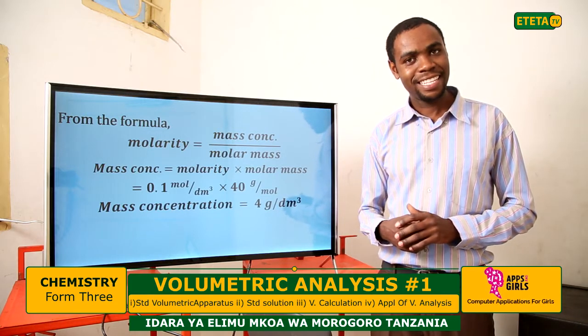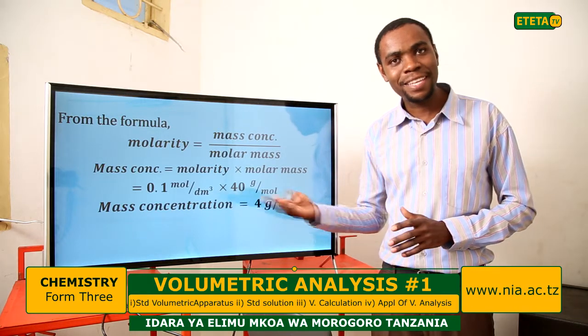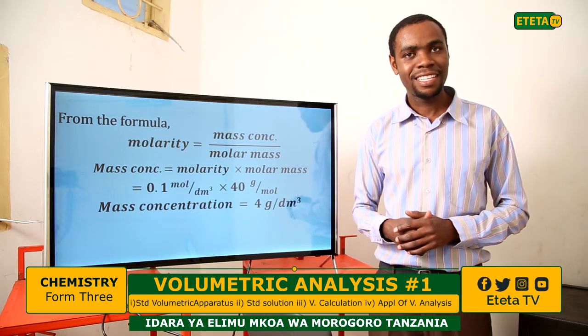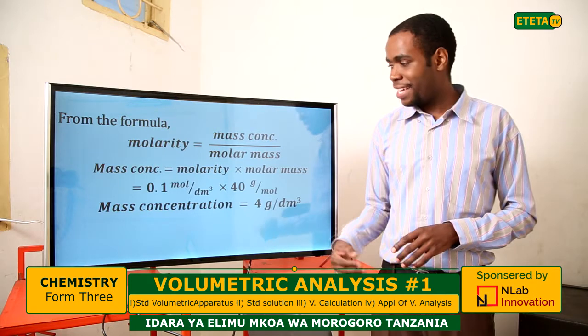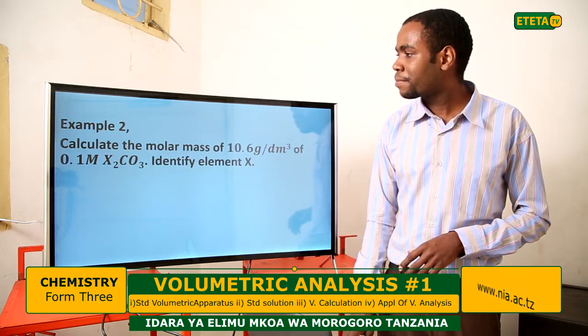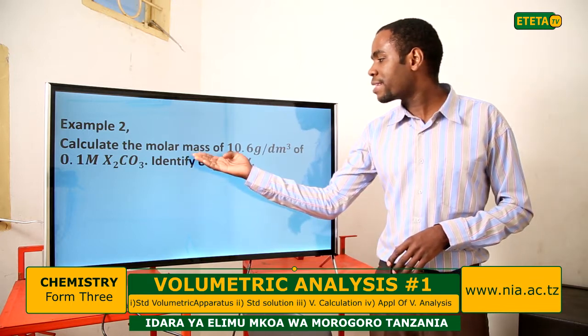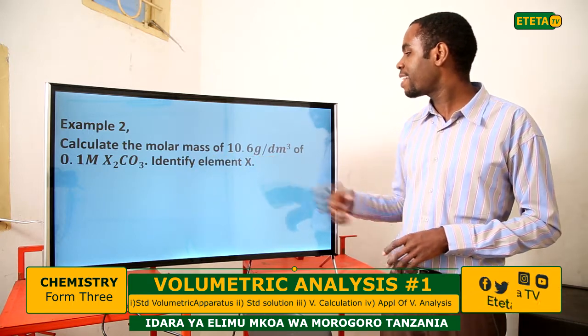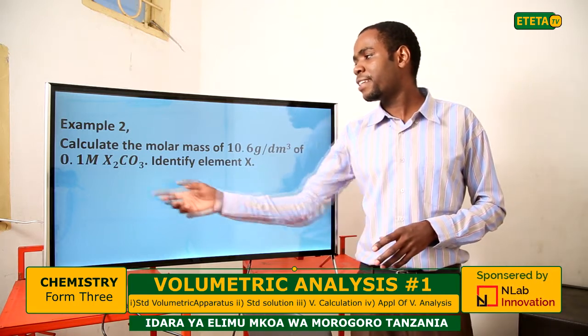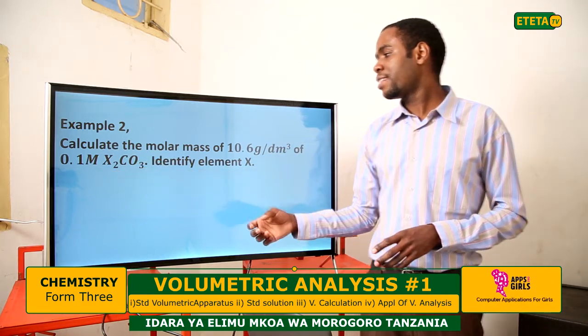Students, are you clear? Have you got the concept here on how to calculate the mass concentration? Okay. Now, second example says calculate the molar mass of 10.6 grams per decimeter cube of 0.1 molarity X carbonate.